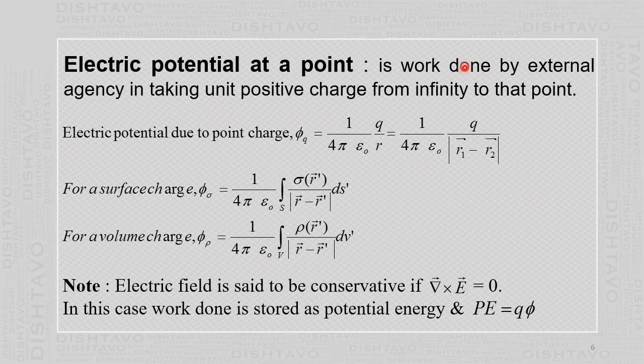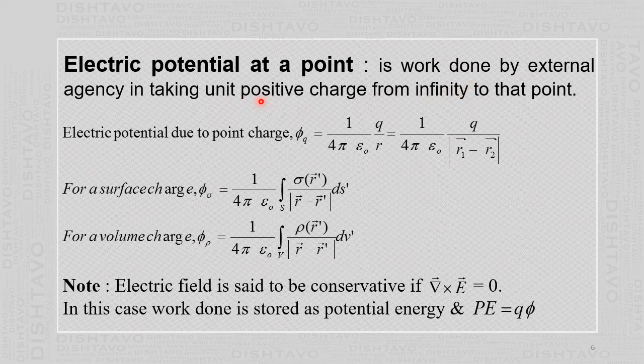So the system, that means the source charge along with the test charge, will do the work. Now, work done by an external agency in taking a unit positive charge means work done divided by total charge. Suppose the test charge is not a unit positive charge, then you have to divide that work done by the total charge which you are moving.